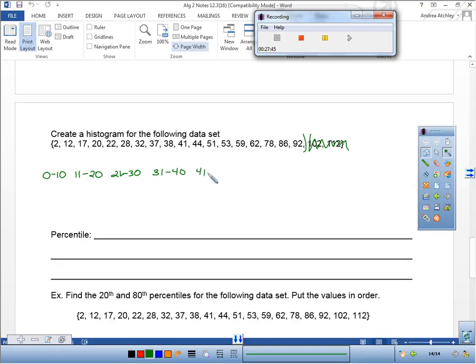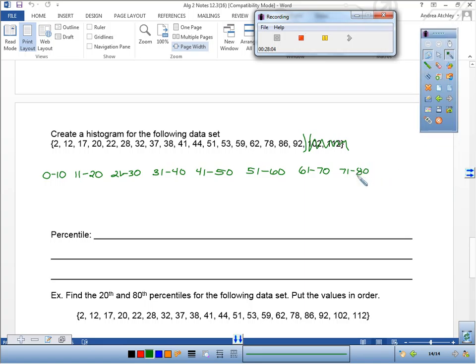Then 41 to 50, then 51 to 60, then 61 to 70, then 71 to 80, then 81 to 90, and then 91 to 100. Okay, we're all good?